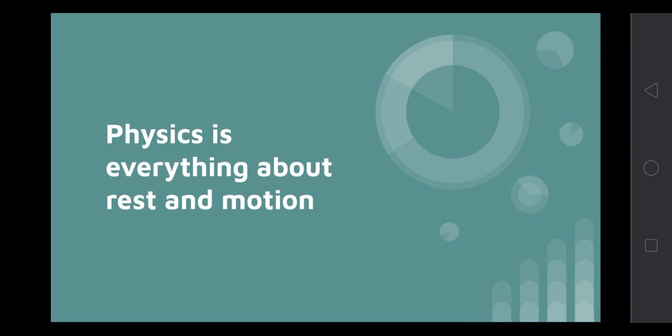So everything is in motion or at rest. The last portion of 12th standard is given to semiconductors, the behavior of material according to the motion of electrons. So if you look at everything, the study of physics is about motion and rest itself.